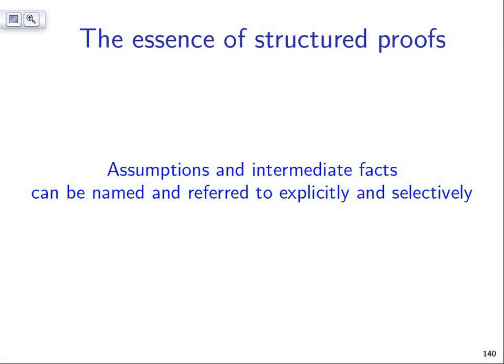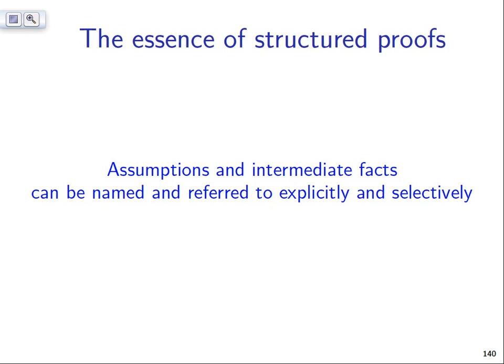So this is really part of the essence of structured proofs, that assumptions and intermediate facts can be named and can be referred to explicitly and selectively. Because that's another problem that you have with these apply style proofs. If you just do things in apply style, then you always have this big set of assumptions hanging around, and if you try some automatic proof method on it, the automatic proof method may get stuck because there are too many assumptions.